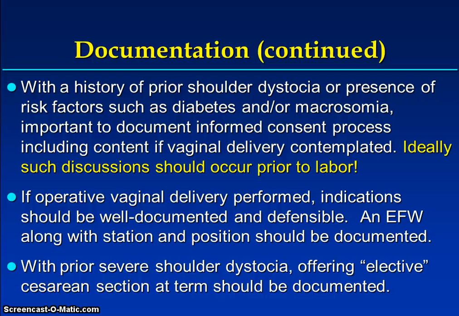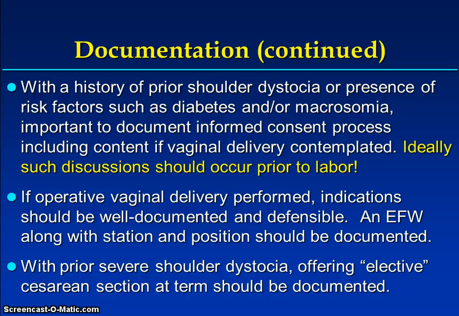With a history of prior shoulder dystocia or in the presence of risk factors such as diabetes or macrosomia, it's important to document the informed consent process, particularly if vaginal delivery is contemplated. Those discussions should be held with the patient, ideally prior to labor, so that if they are desirous of a vaginal delivery, the facts are laid out to them, so that it is not done at an inopportune time when the patient is exceedingly uncomfortable during the labor process.